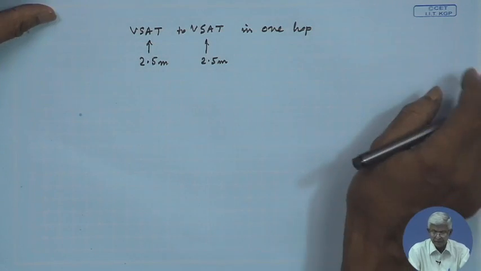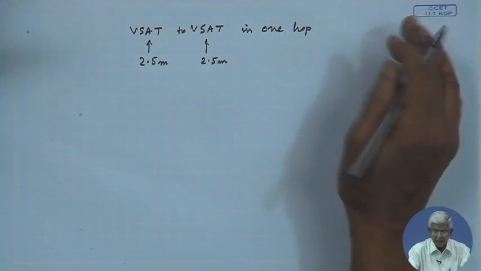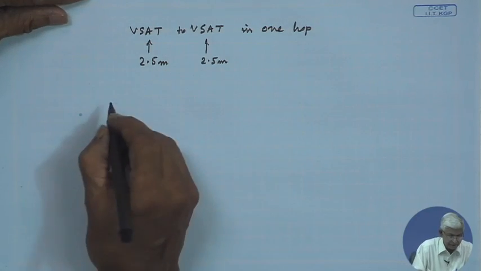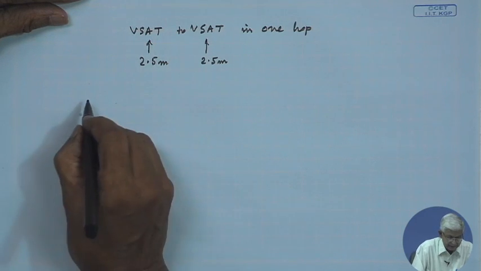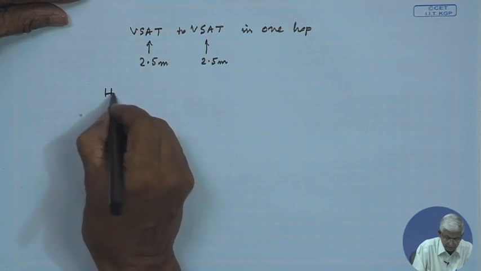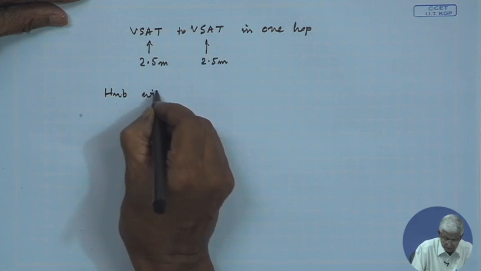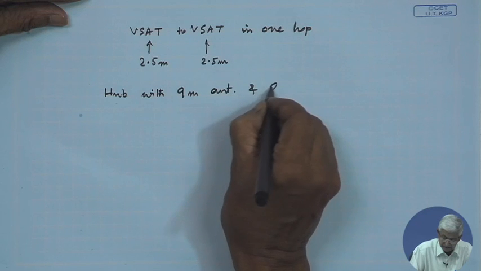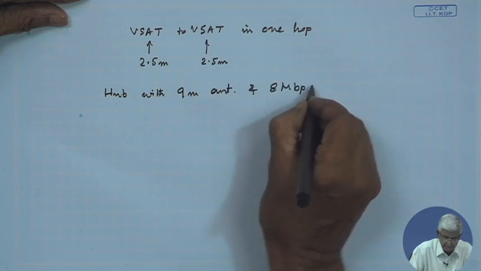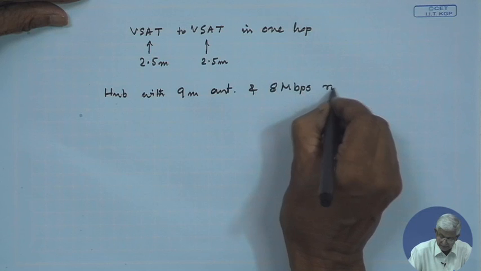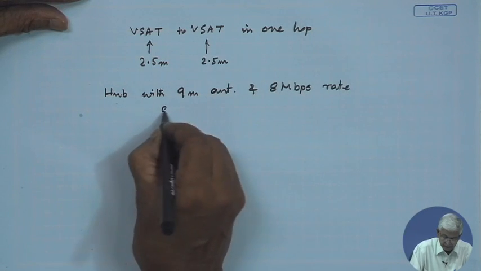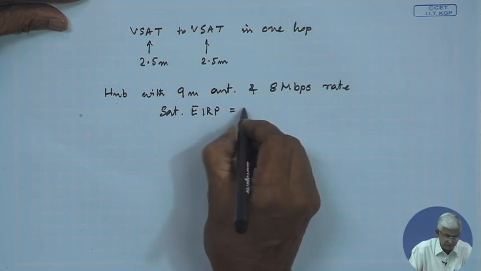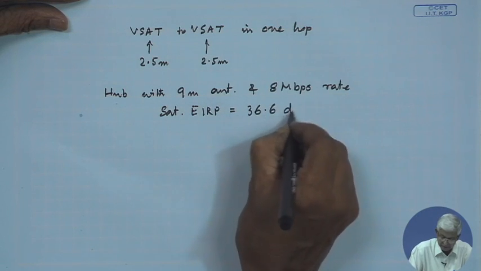In this process, I will try to show you how to calculate the number of carriers that can be supported by a satellite. Let us take those numbers, that is hub with 9 meter antenna and 8 Mbps rate. The satellite EIRP we have already calculated as 36.6 dBW.